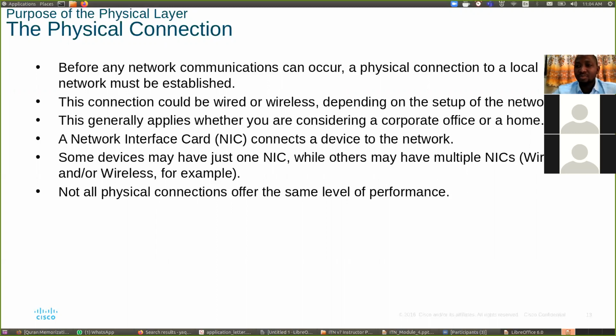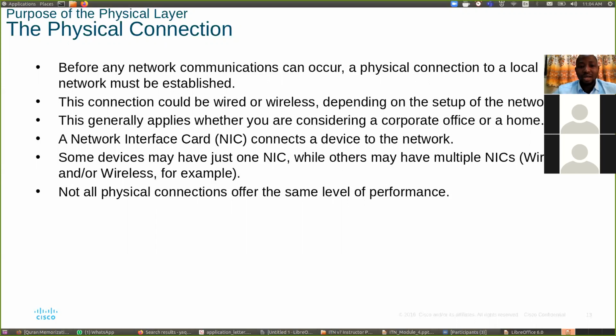And in the cables, this data is turned into electrical pulses, into ones and zeros, to be transmitted over the physical medium. So before any communication can take place, a physical connection to the network must be established. Okay, the connection can be either wired or wireless. We all know that.